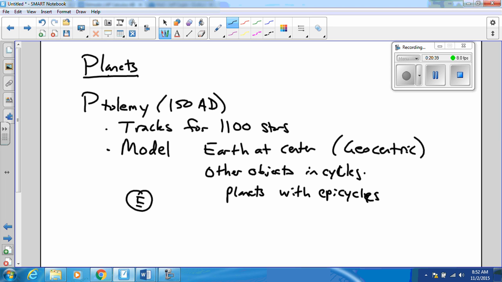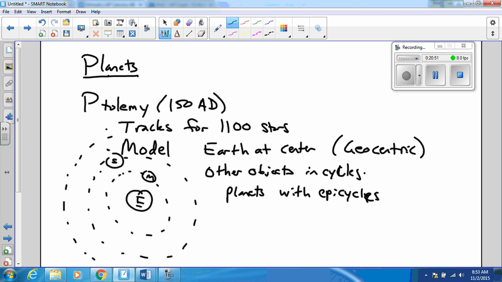So if this is the Earth here, then our first track out is going to be the moon. And we're going to have the sun, drawing not to scale. And then we're going to have planets. And so my planet takes a cycle around the Earth. And at the same time, it is doing a little epicycle around its own cycle. And that accounts for the back and forth motion. See? Ta-da.